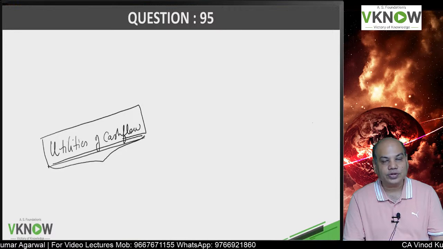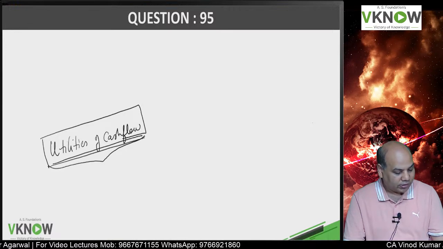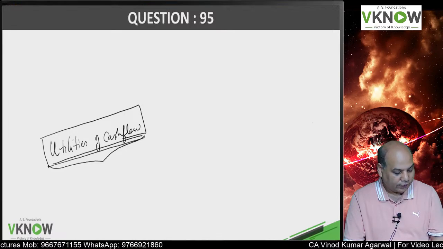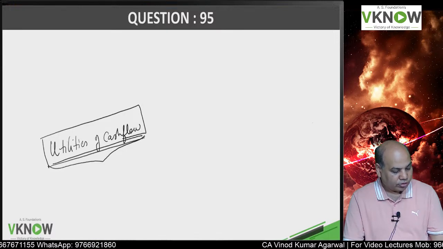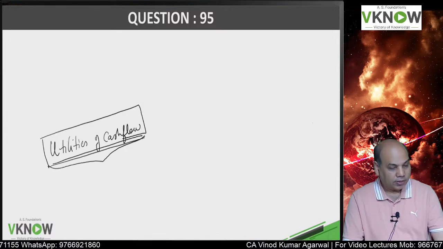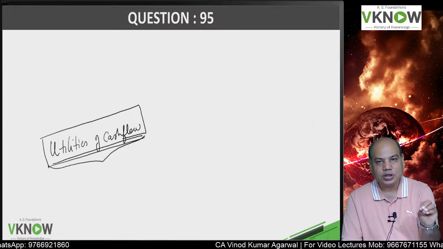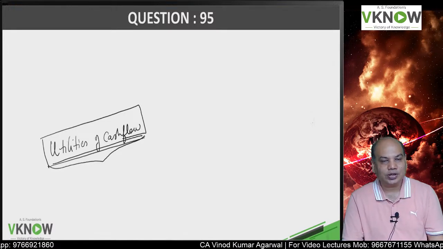If it is 4,000 negative, minus 3. If it is 0, 0. For 15,000, positive 40. For 10,000, positive 30. For 5,000, positive 20. For 1,000, positive 10. So this is the general practice of this company. If this is the cash flow, this is the utility value we will assign to it.